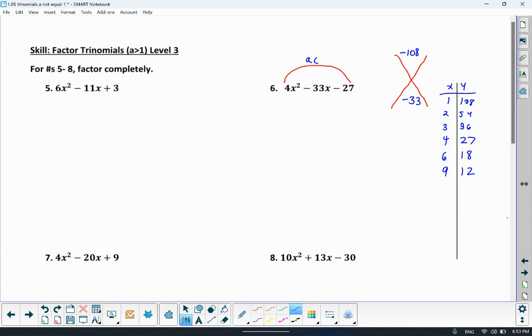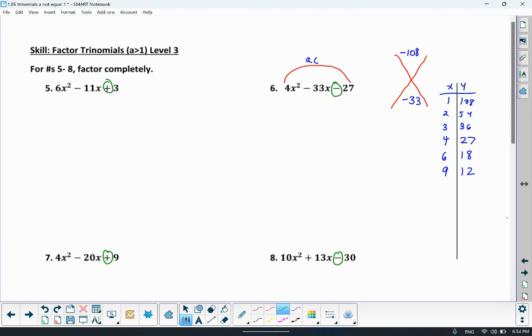Okay. We know that the signs have to be different within the parentheses. How do I know that? Because there's a negative before the last term. So like here, the signs are going to be different in the parentheses because there's a negative before the last term, whereas number 7 and number 5 have a positive before the last term, so both signs are the same.